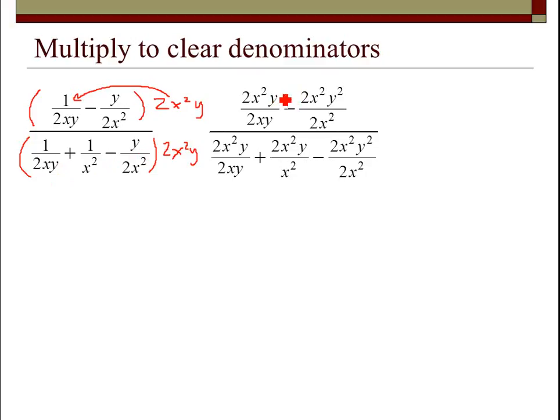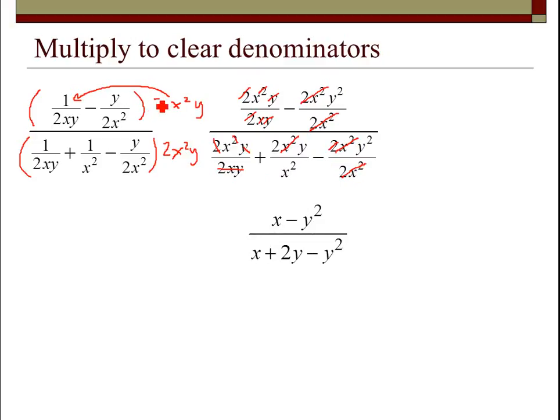So now y's cancel, 2 cancels, one of the x's. So that needs to be just an x. Here, 2x squared, left with a y squared. Here, I'm going to be left with just an x. Here, I'm left with 2y. And here, I'll be left with the y squared.